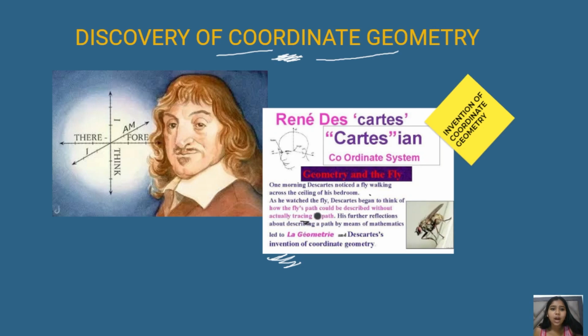He thought, how can someone move anywhere without having a proper path? We have a particular path, but insects and flies don't have any path which can be traced, yet they can go anywhere. This came to his mind, and by thinking this, he invented coordinate geometry.